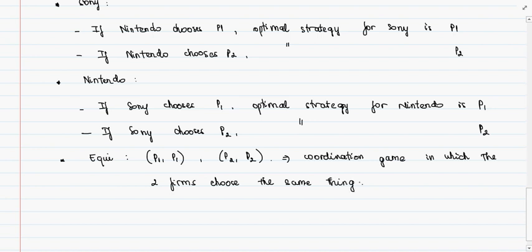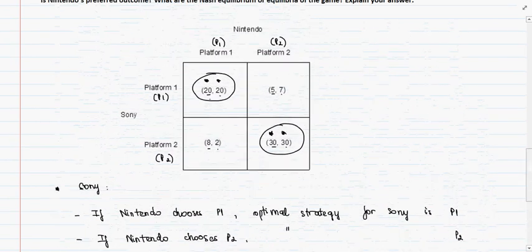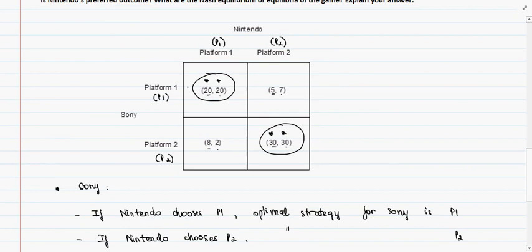Now which equilibrium is preferred by Sony and which is preferred by Nintendo? If it happened to be the first equilibrium, in which the two firms are choosing platform 1, Sony is going to get 20 and Nintendo is going to get 20. Each of the firms gets 20. Now if they're choosing platform 2, both of them are going to be better off, and each of them is going to get 30.